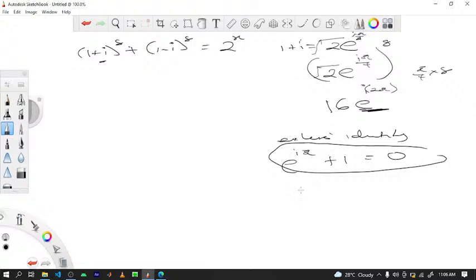If we modify this, we get e to the power i pi is equal to minus 1, and then squaring both sides, e to the power i pi squared and minus 1 squared as well. This gives us e to the power 2 pi i is equal to 1.